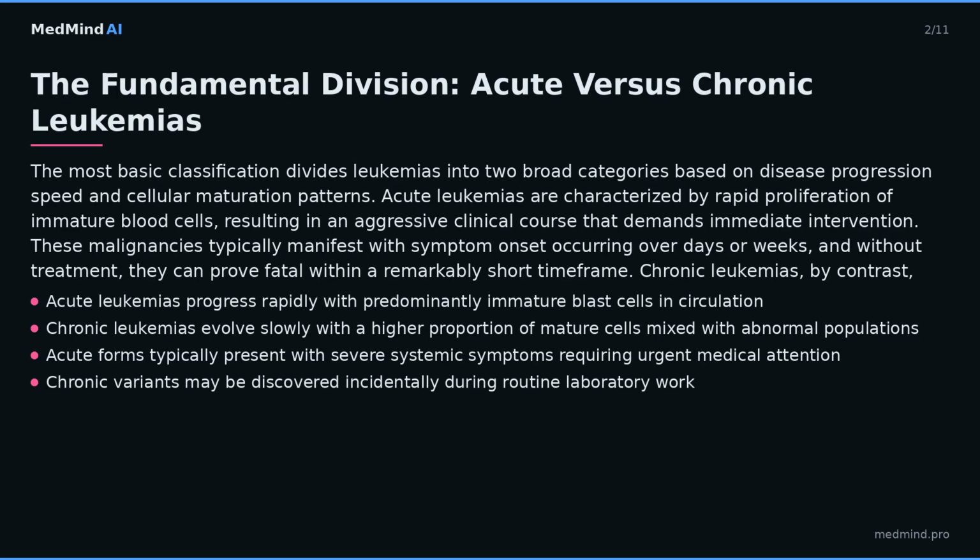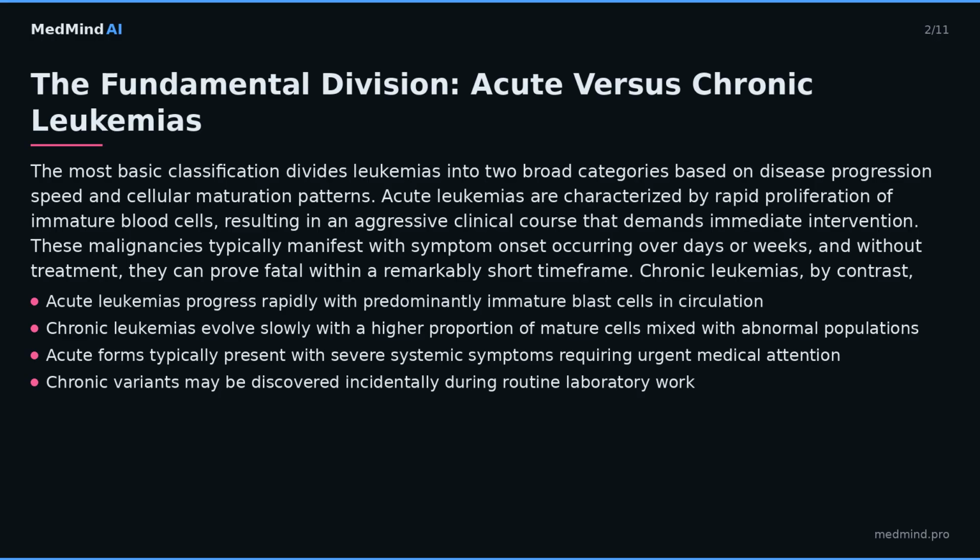The fundamental division: acute versus chronic leukemias. The most basic classification divides leukemias into two broad categories based on disease progression speed and cellular maturation patterns. Acute leukemias are characterized by rapid proliferation of immature blood cells, resulting in an aggressive clinical course that demands immediate intervention.